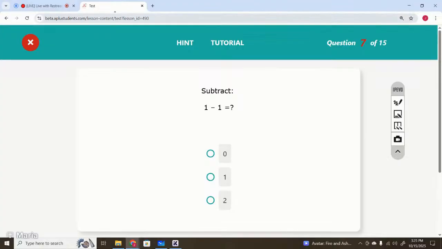One take away 1 is 0. Option number 1 is the correct option.